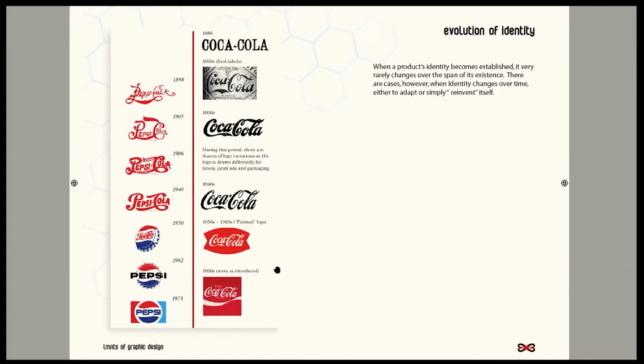So now, throughout the years, if you notice, Coca-Cola basically did not change. The first iteration of Coca-Cola is basically simple set text, and then they started using the script form in the 1900s.